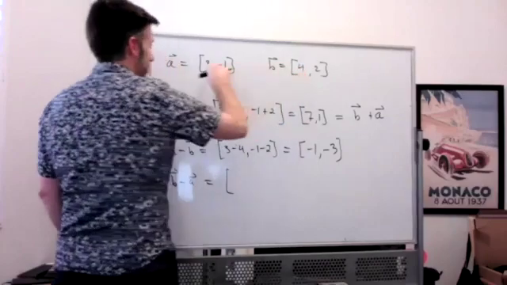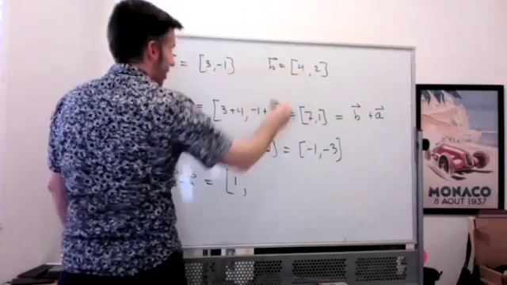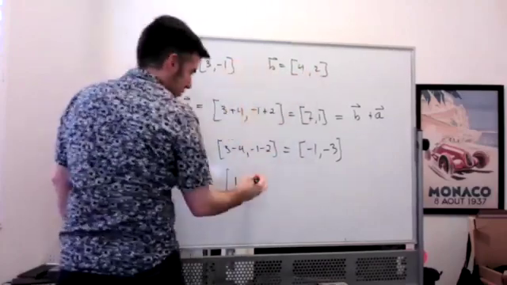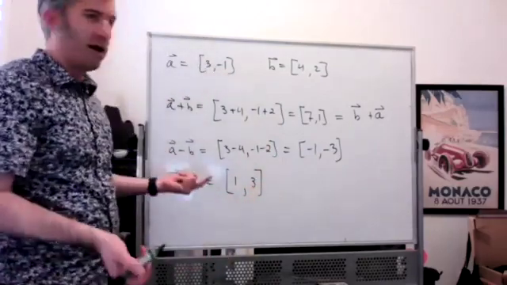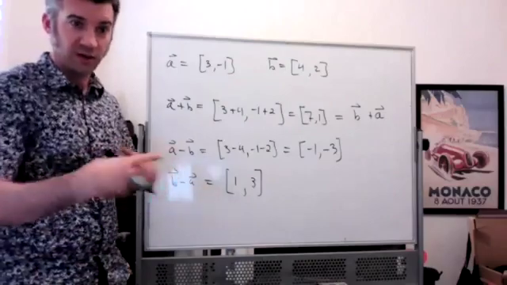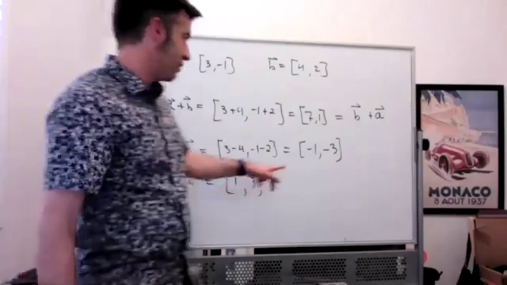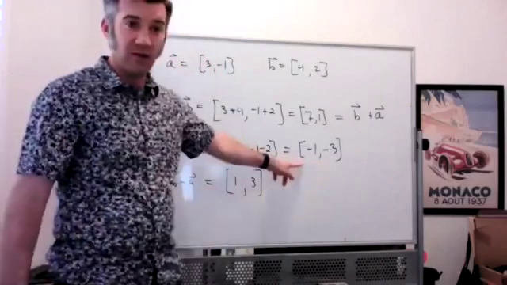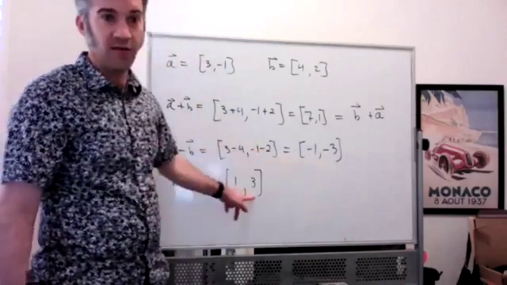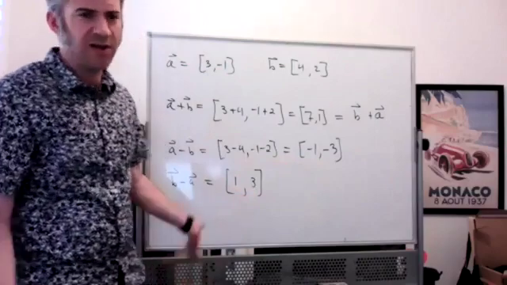So 4 minus 3 and 2 minus -1 is 3. This is always true. When you subtract things in the opposite order, they're negatives of each other. So A minus B, you get the vector -1, -3. B minus A, you get the negative of that. You get 1, 3. Always true.